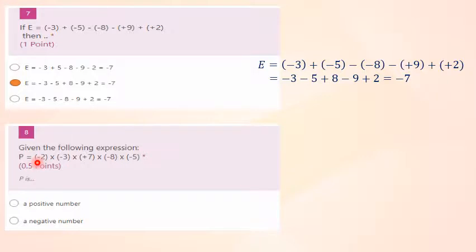If we have an even number of negative signs multiplied by each other, then the answer should be positive. If we have an odd number of negative signs, the number should be negative. Here 1, 2, 3, 4. We have 4 negative signs, so it's an even number and the result should be positive.